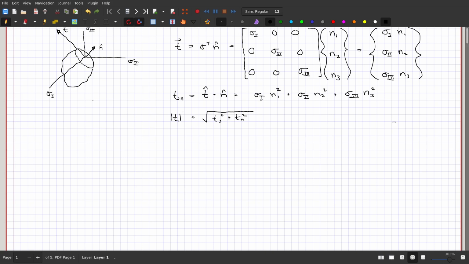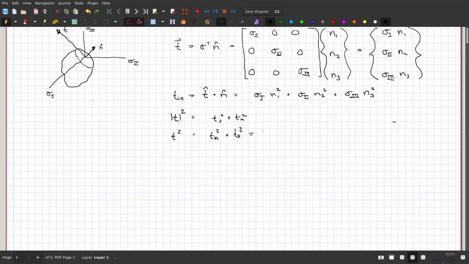So we're going to square both sides and get rid of that square root sign. So then we have t squared is equal to tn squared plus ts squared.